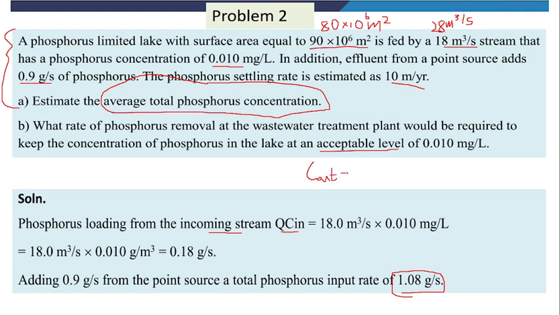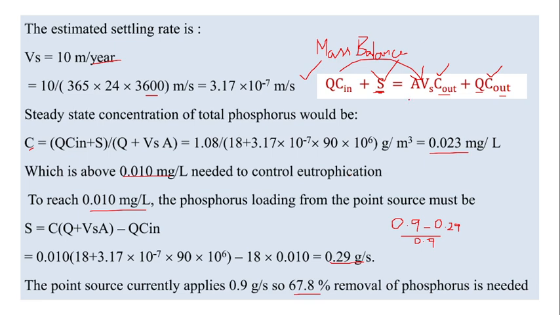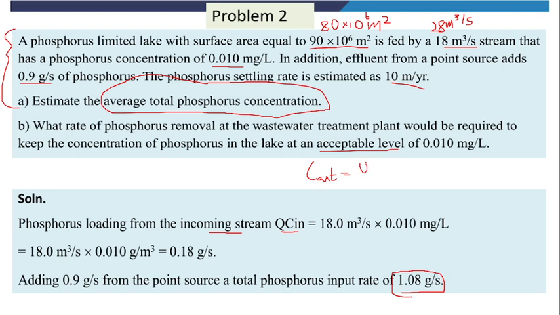If you take C out common, AVS plus Q will be there. So C out equals QC in plus S divided by AVS plus Q. That is what you are having. So QC in, I'm writing simply as I, and then S, divided by Q plus AVS.